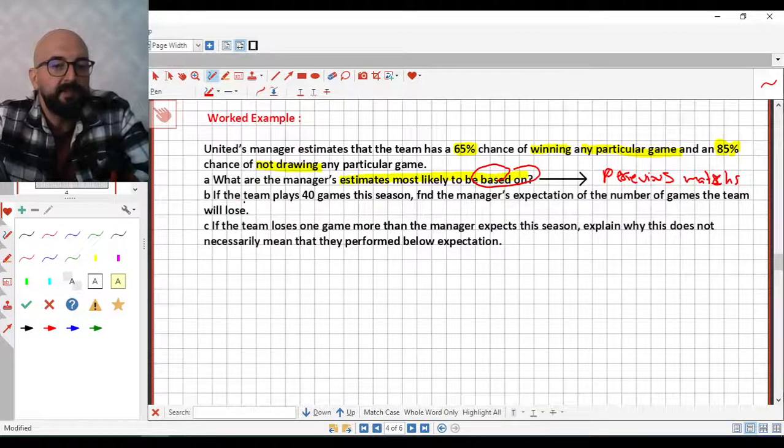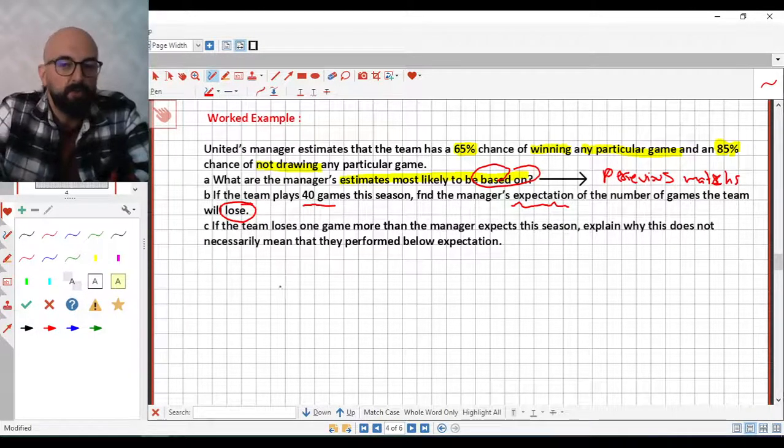If the team plays 40 games this season, find the manager's expectation of the number of games the team will lose.